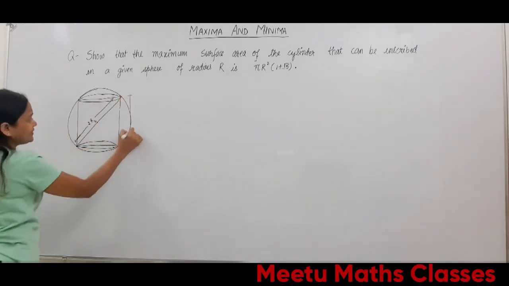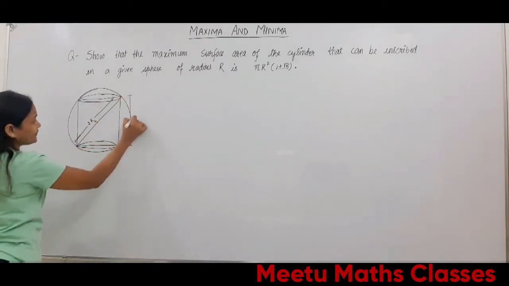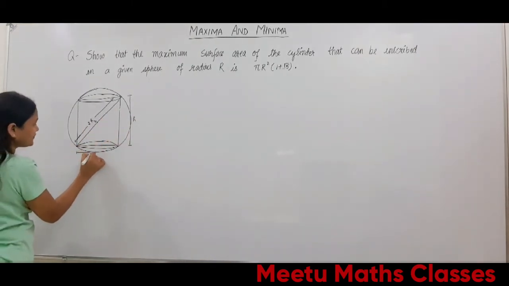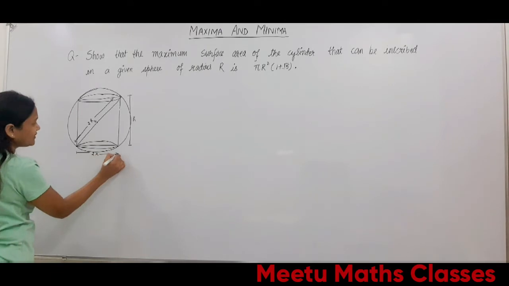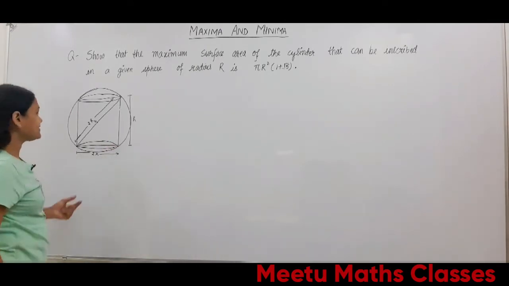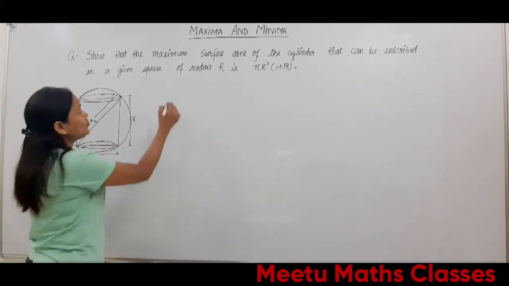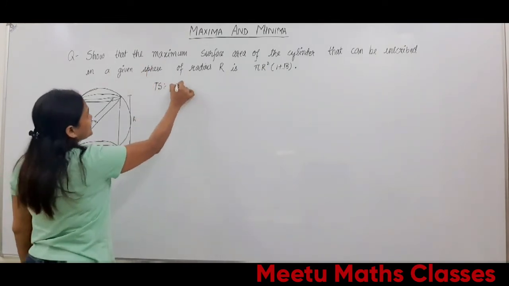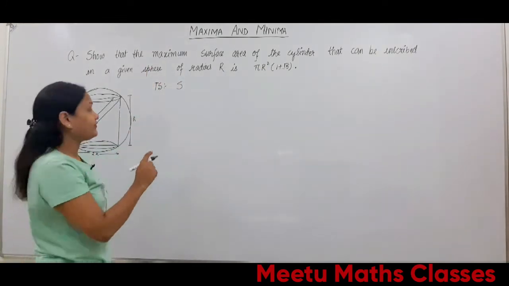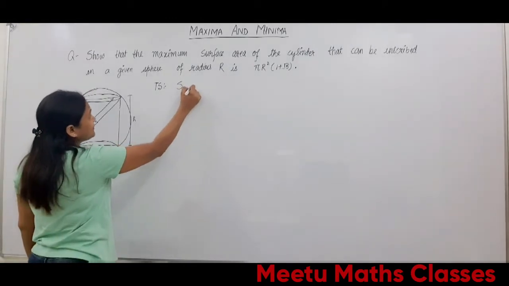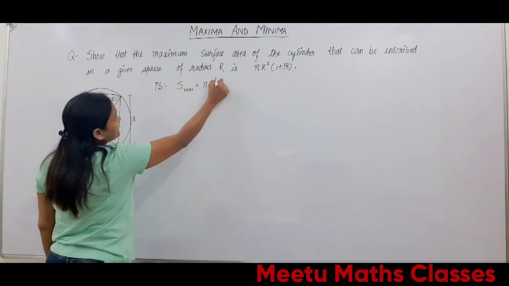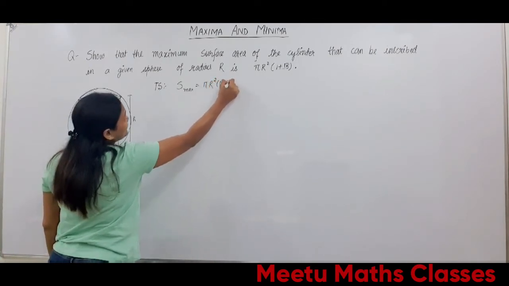Let h be the height of the cylinder, and let r be the radius of the cylinder, so the diameter of the cylinder is 2r. Now you have to show that the maximum surface area, so let s be the surface area of the cylinder, then the maximum surface area is pi r square into 1 plus root 5.